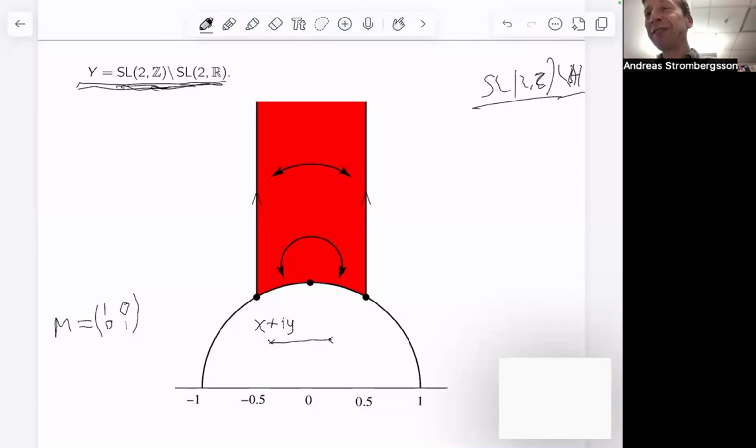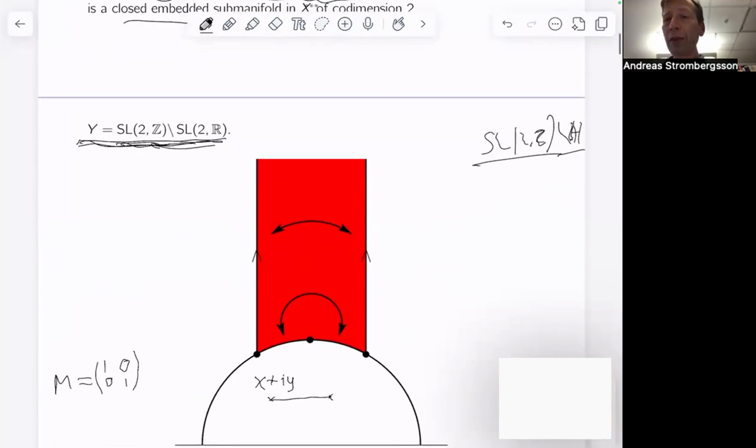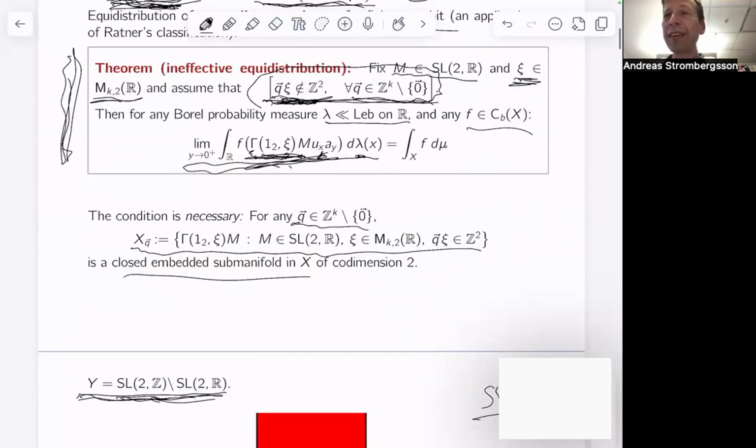So when I see this red two-dimensional surface, if you think about the unit tangent bundle, it's a three-dimensional manifold, and that is Y. That is another interpretation of Y. And the orbit that we are integrating over, supposing that lambda is just a uniform measure on an interval, and then just looking at the base manifold, supposing that M, this fixed matrix, is the identity matrix, then the point I'm seeing here is just x plus iy in the hyperbolic plane.